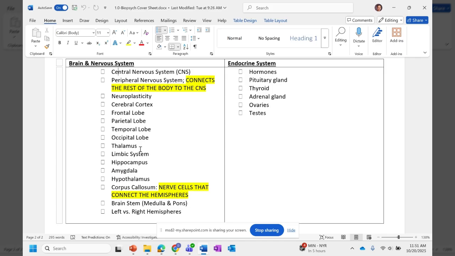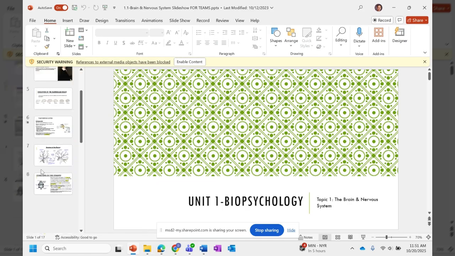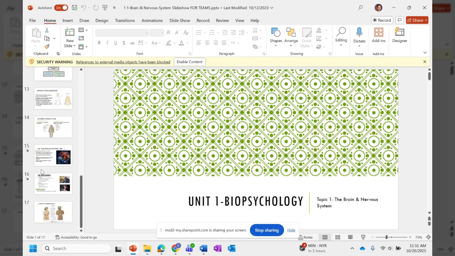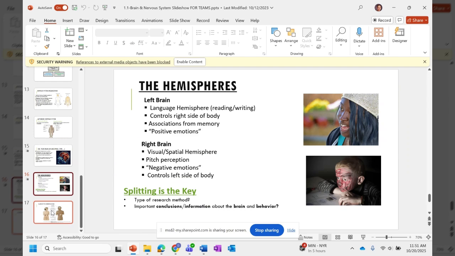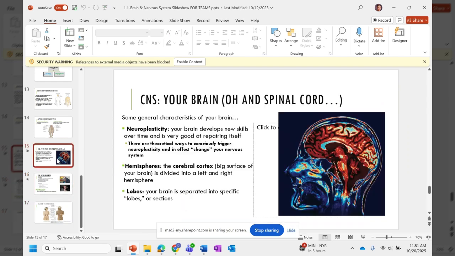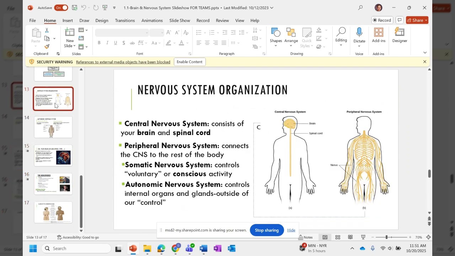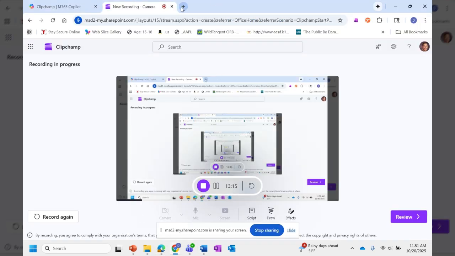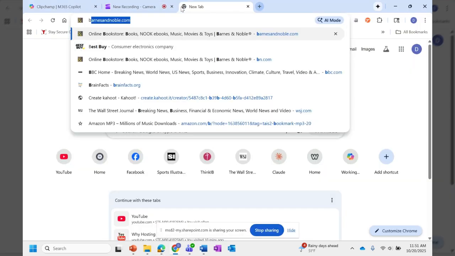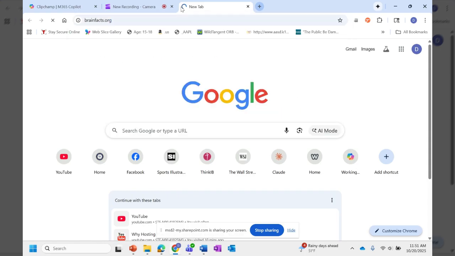Okay, let's see if I can find a good slide to show an example. Shoot, why is that all that we have here? Okay, anyway, I'll get a better example in a second. A good one to use is Brain Atlas or Brain Facts.